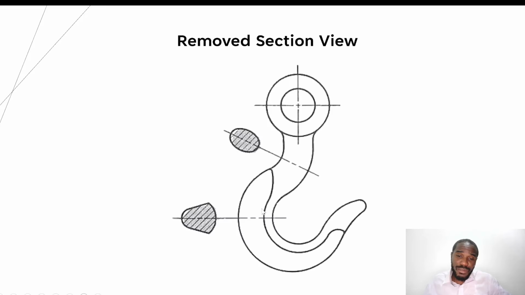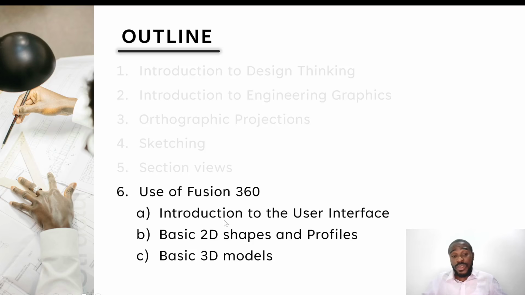So you can see the body the way it will look when you look at it, and then you see the sections of the portions where that plane cuts, removed away from the body itself. All right, so that brings us to the end of section views and the end of this particular video.